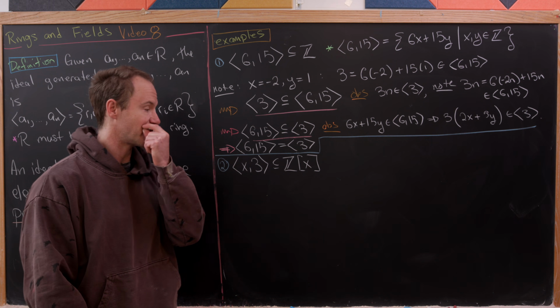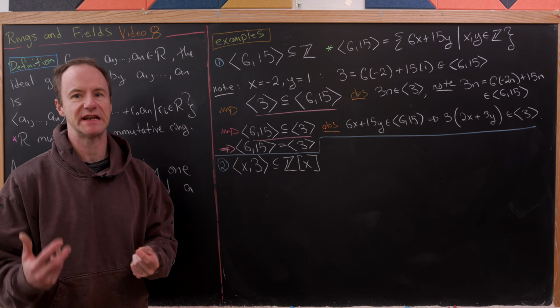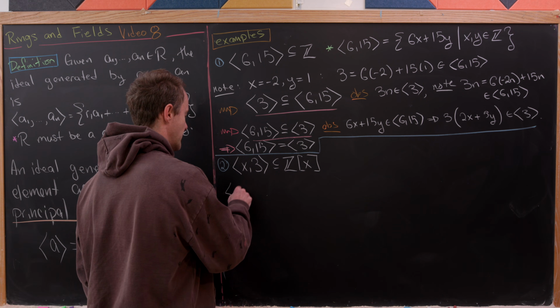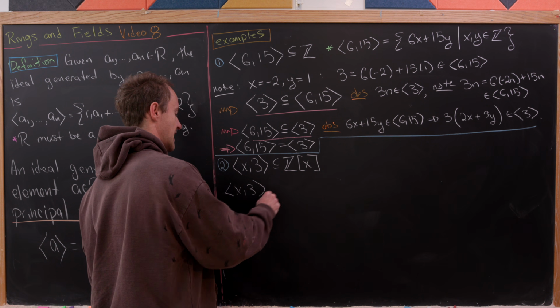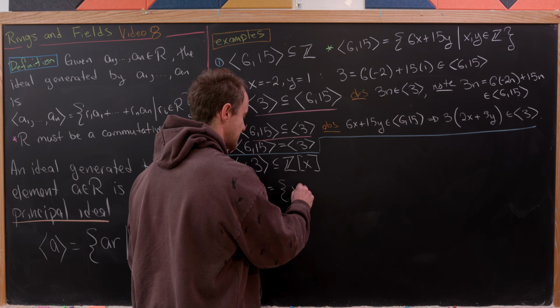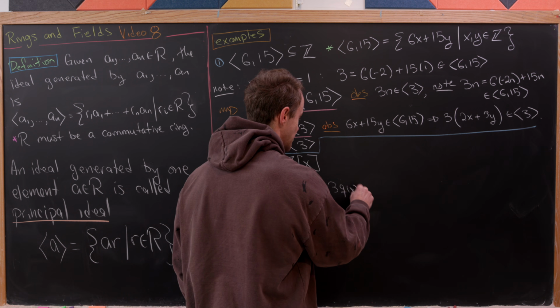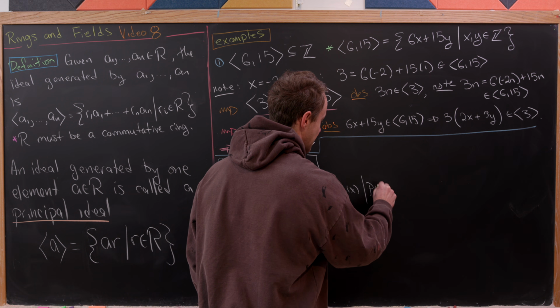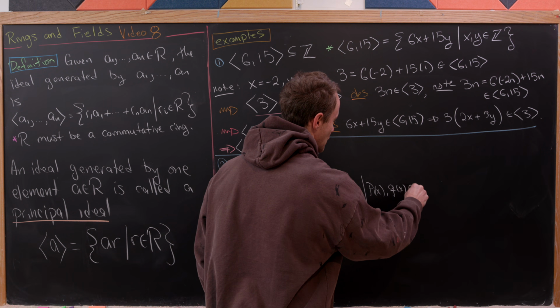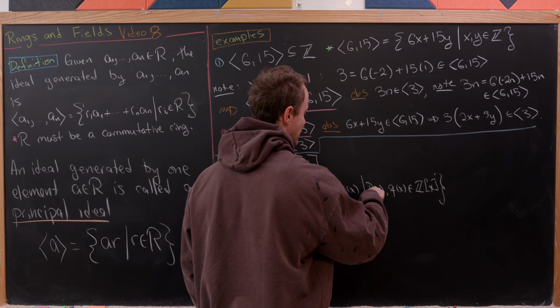Let's take the ideal generated by x and 3 inside of Z adjoin x. That's polynomials with integer coefficients. Well, we can use our definition up here to say that this is simply equal to x times p of x plus 3 times q of x, as p of x and q of x run over all integer coefficient polynomials.